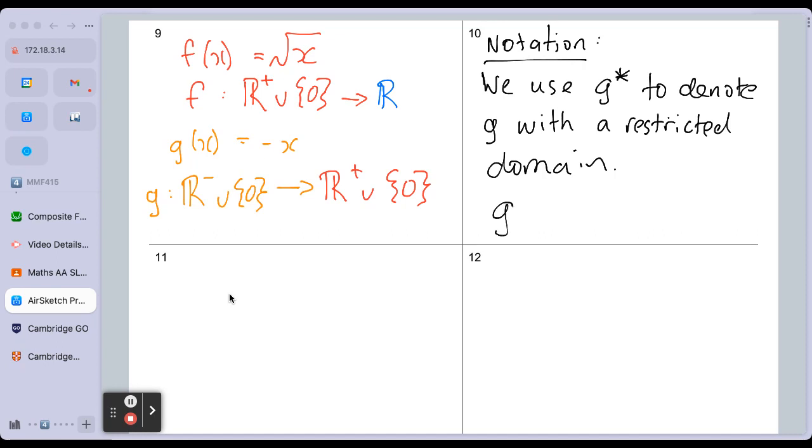So we would write G star goes from the real negatives plus 0 to the real positives plus 0. That's how we would write it.